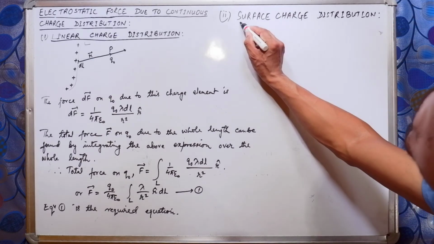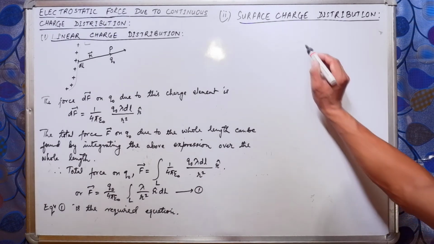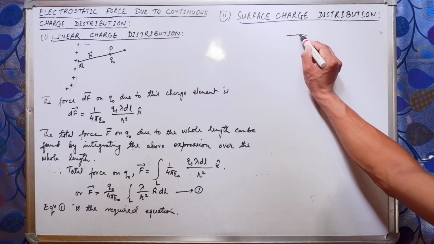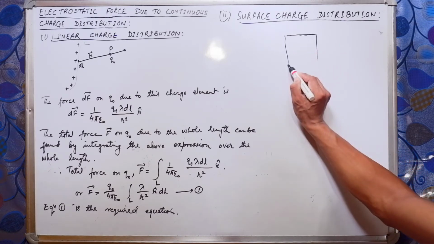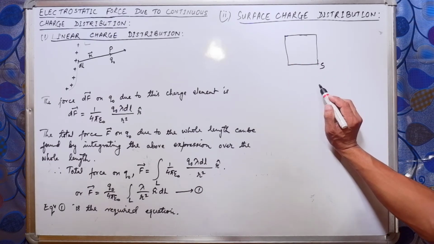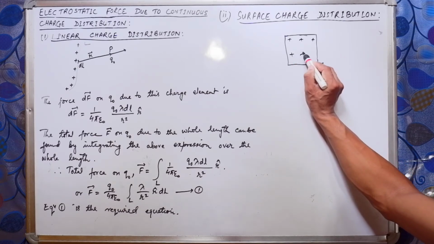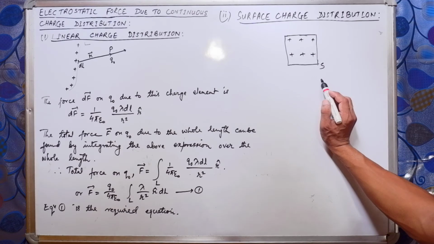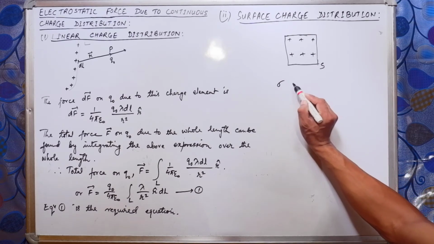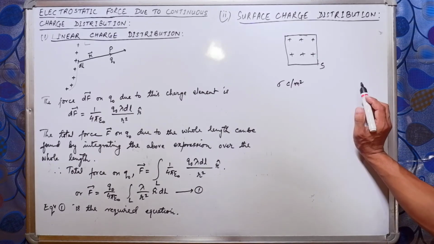So here also let us consider a surface S. Let us say this surface S has a positive surface charge density sigma. So the surface charge density here is sigma coulomb per meter square. Now it is desired to find the total force F.